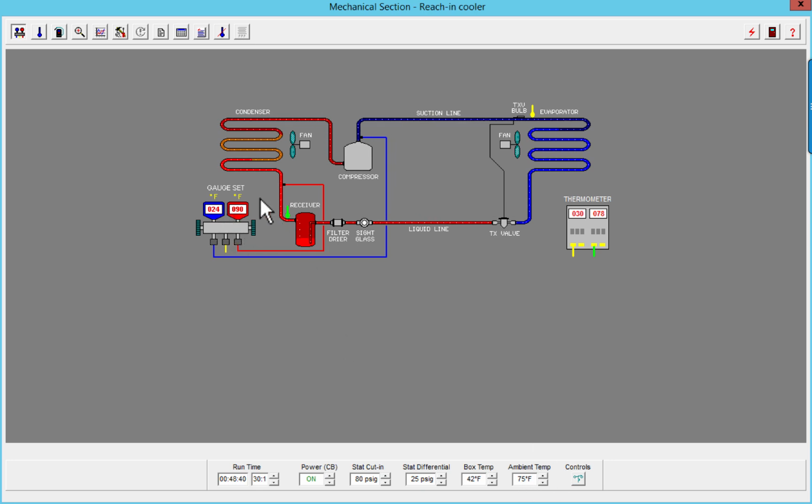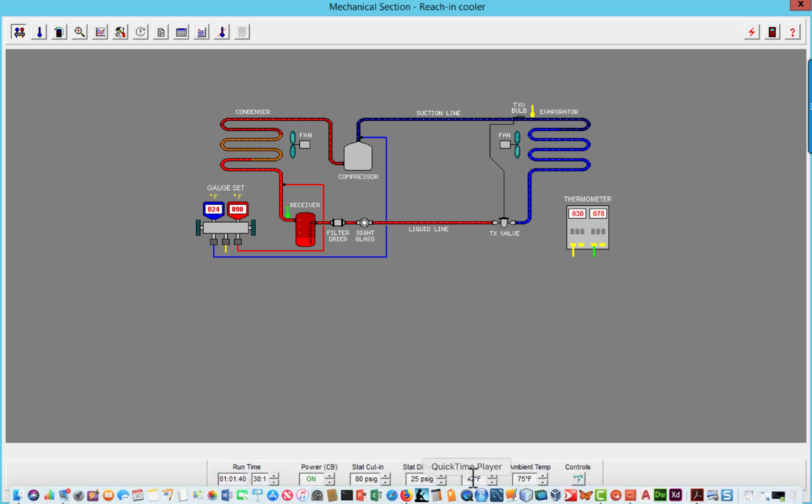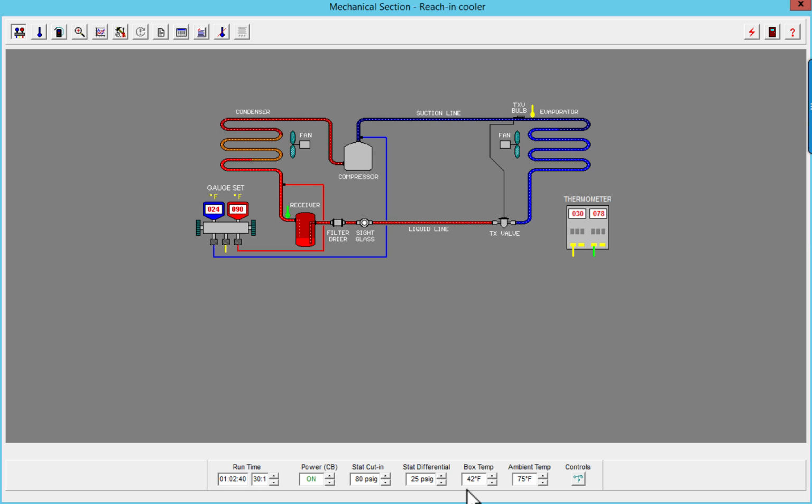So I only have a 15-degree difference. That's not good. I have a coil temperature that's at 24 degrees saturation point. There's ice that's going to continue to form on that coil, and the system is not cooling the space. It's going to continue to run without actually cooling the box. My box temperature is not coming down the way it's supposed to.